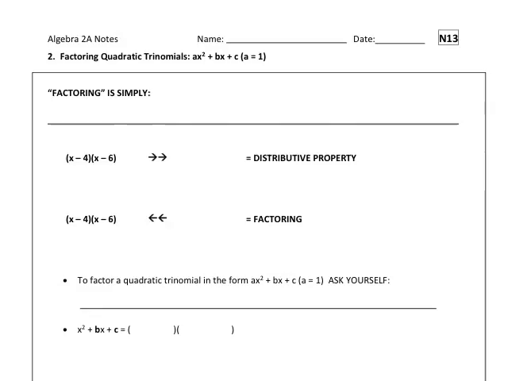In part 2 of our notes, we're going to factor, which means that we're going to undo the distributive property. So if we can go from having this, then that means, and we can find a way to get that to be a trinomial, then that means we can take a trinomial and get them back into two binomials. So factoring is simply undoing or doing the reverse of the distributive property.